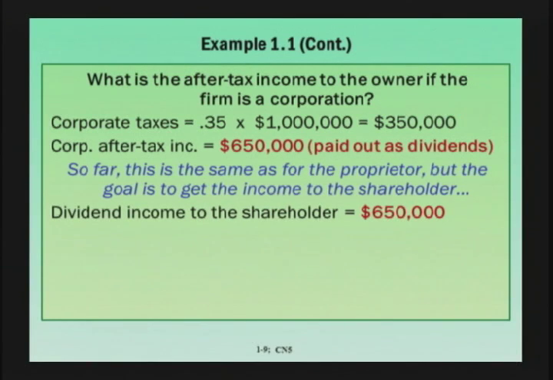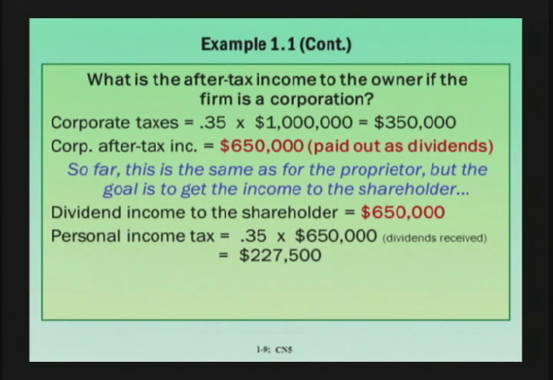This dividend income received by the shareholders of $650,000 will be fully taxed. And our assumption was both the shareholders and the corporation face the 35% tax bracket. So when the $650,000 of dividends are received by the shareholders, they will also be taxed at 35%.